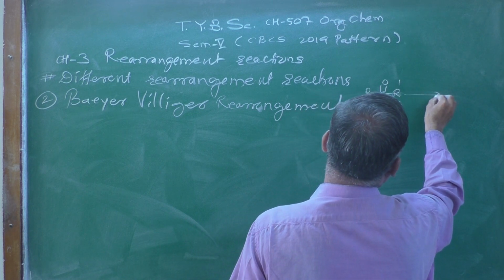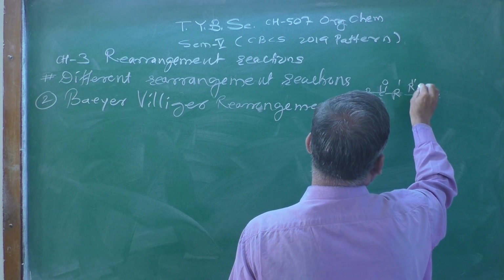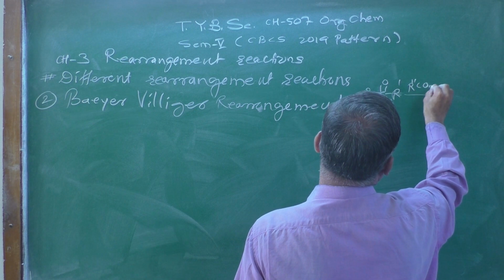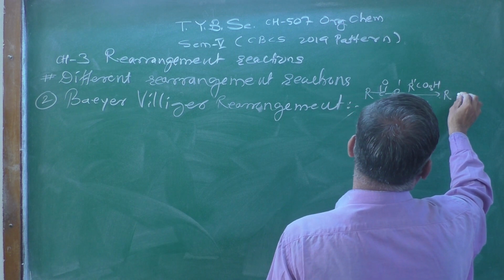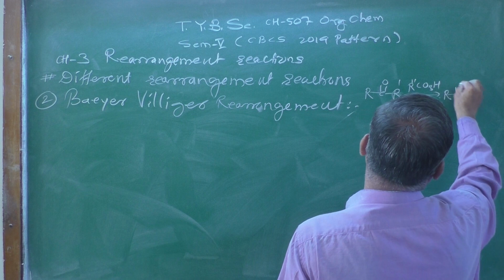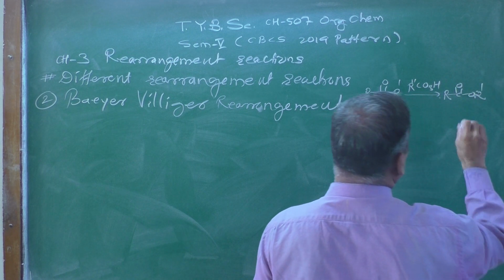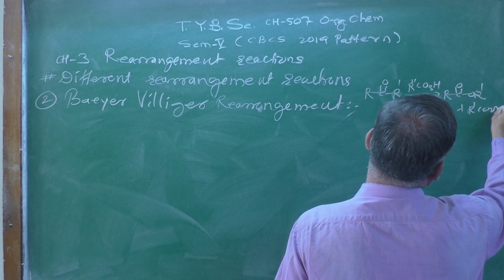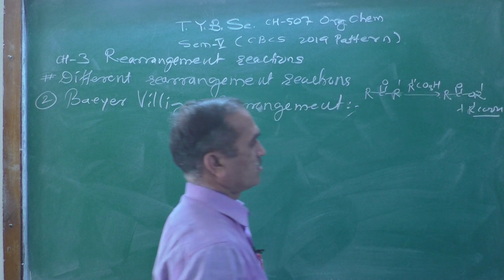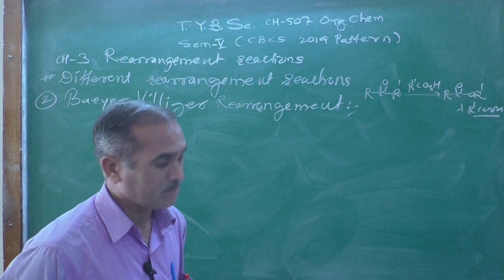It will be treated with R double dash CO3H, a peracid, and we will be getting R C double bond O O R dash, the ester, and the remaining one will be the R COOH acid. So that's the general reaction we are getting over here.